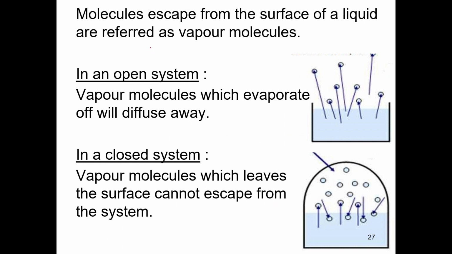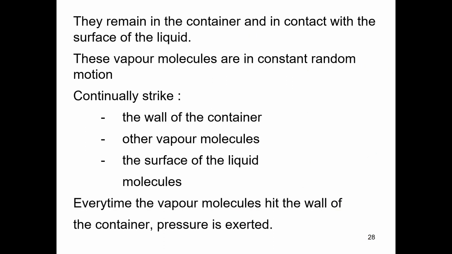Okay, so dia define as molecules that escape from the surface of liquid, referred to as vapor molecules. Kalau dalam open system dia just keluar lah, and diffuse away. Kalau dalam closed system dia tak boleh escape, so disebabkan dia tak boleh escape, dia akan wujudlah vapor pressure. So yang dalam closed container remain in the container and in contact with the surface of the liquid. Some akan jadi semula liquid.